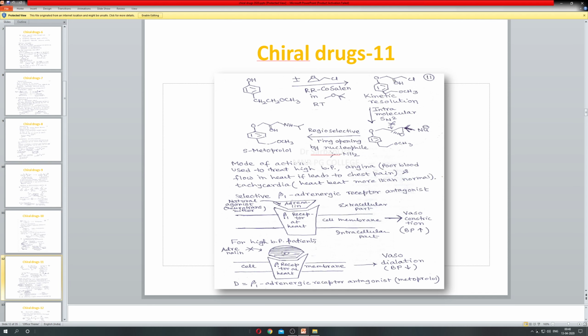If it is occupied by this molecule, adrenaline cannot come and interact with the binding site, so vasoconstriction does not occur. Instead, vasodilation happens and the BP goes down. Okay, so let me stop. Thank you.